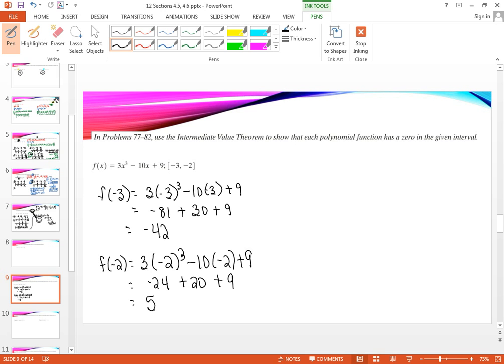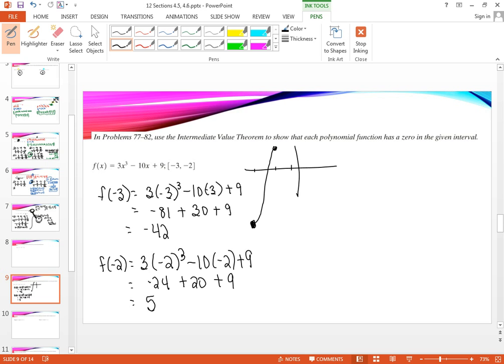Okay, so think about it. When x is −2, you got a y value that's up here. When x is −3, you get a y value that's way down here. And so if it's a polynomial function, it's continuous, so these points have to be connected. And if they're connected, it's got to go across the x-axis.